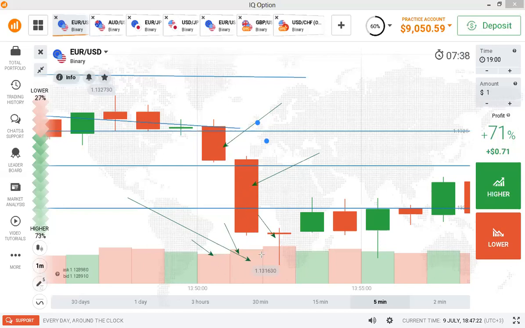So if I go with sellers here, I notice that the candle forms a bearish candle, I should expect a strong candle. But if you observe what happened here, that's why I don't always rely on volume. I like to trade on a naked chart. Look at this volume, it's bigger than the previous volume.